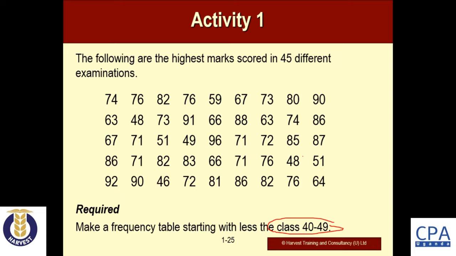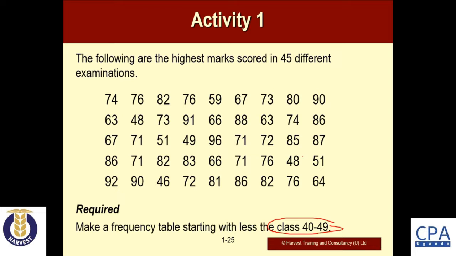So we shall handle the steps that can be taken in determining which best class size and class limit would be good for your set of data. So that is going to be a discussion for another day. I have that in our future discussions.